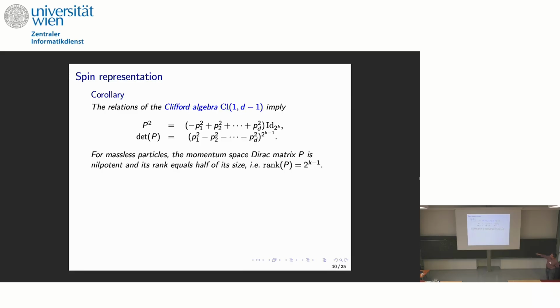So for massless particles, the momentum space Dirac matrix is nilpotent, this thing is 0, and the rank is half the size. That follows from this. So for massless particles, this is a way of packaging the inner product and writing the massless condition in a somewhat complicated big matrix kind of way.